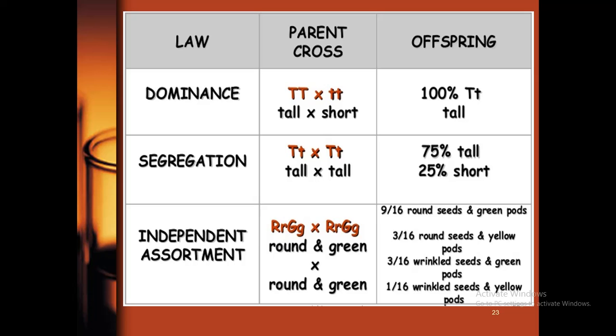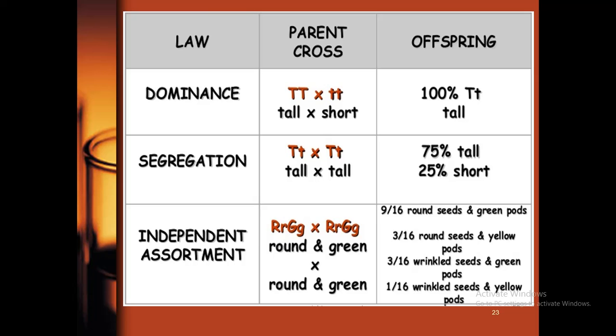So the third one is the law of independent assortment, in which you can recall that there was a green rounded pea which was crossed with the wrinkled yellow pea. So here you can see that there are two separate genes for separate traits, one for the trait of shape, that is round or wrinkled, and the other one for the trait of color.